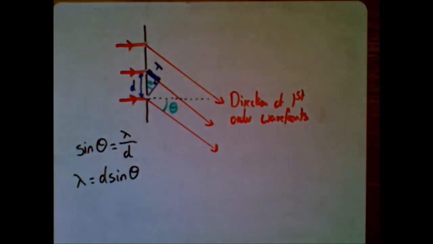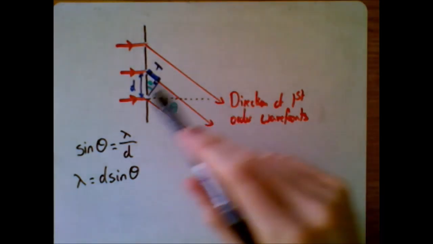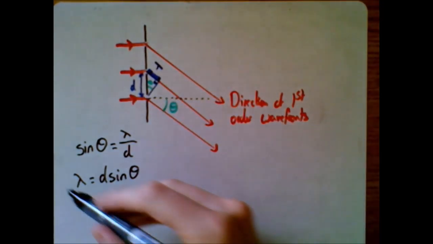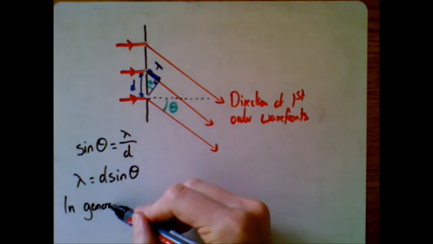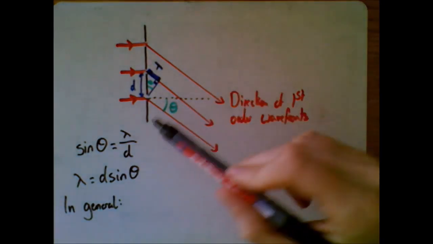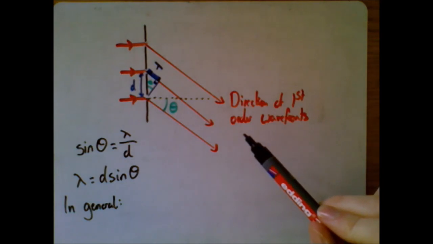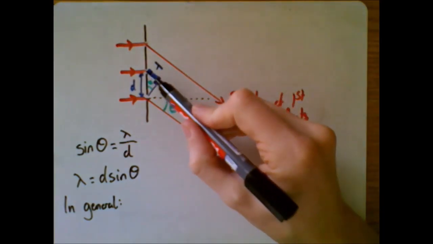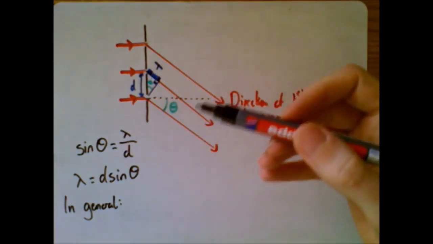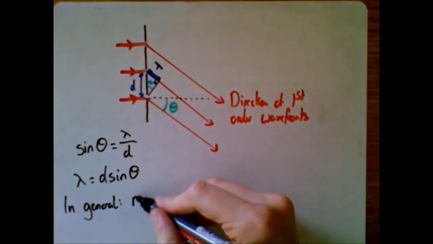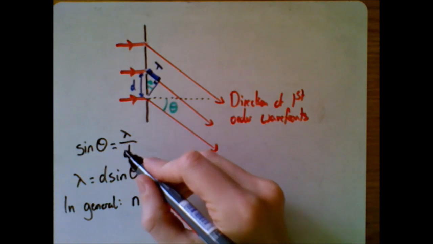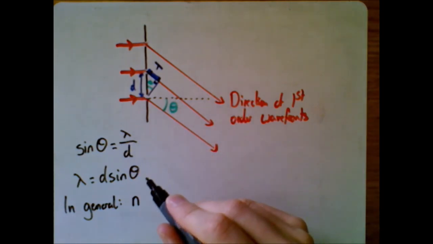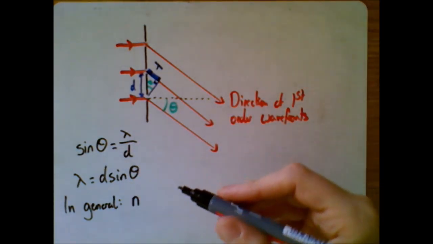But if we now extend that to a general case, a higher order, the condition for a maximum would be that this path difference was an integer number of wavelengths. So instead of lambda over d, we would have n lambda over d, an integer times lambda.